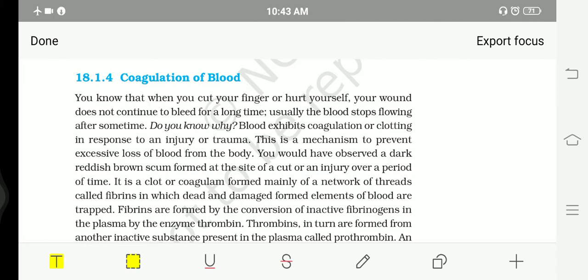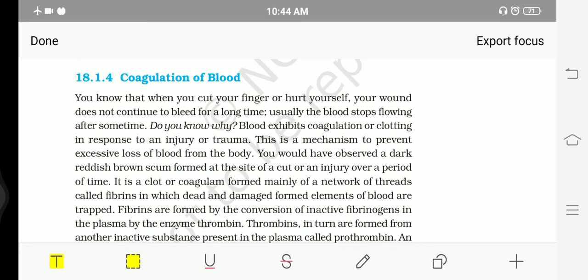When we come to the coagulation of blood or blood clotting, blood clotting means if any injury occurs, the blood vessels rupture and release blood, which oozes outside.